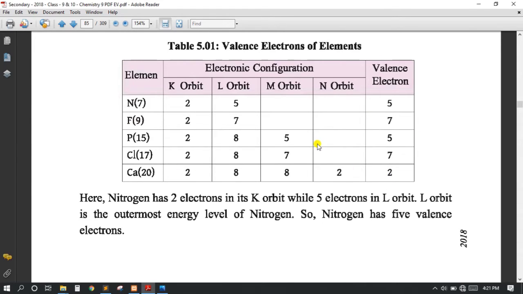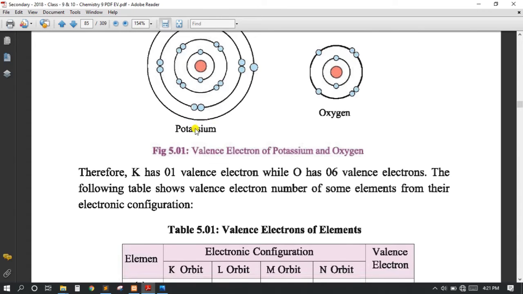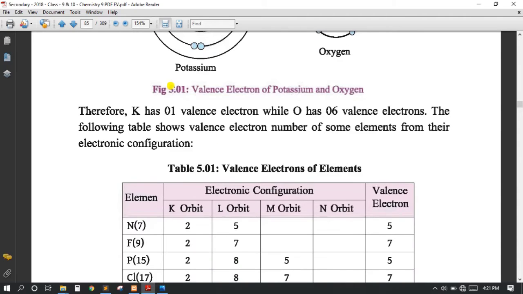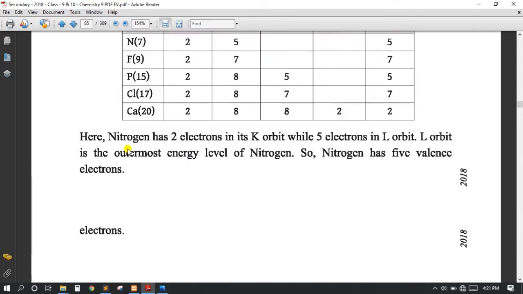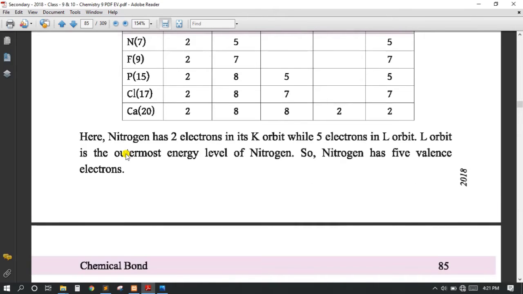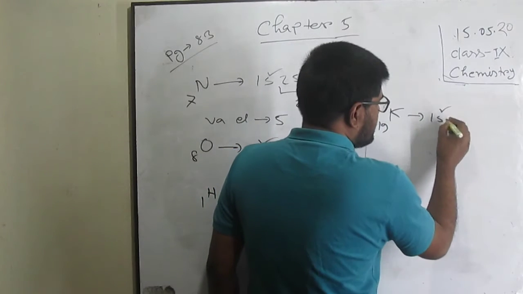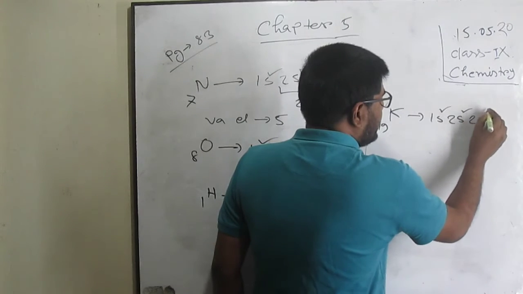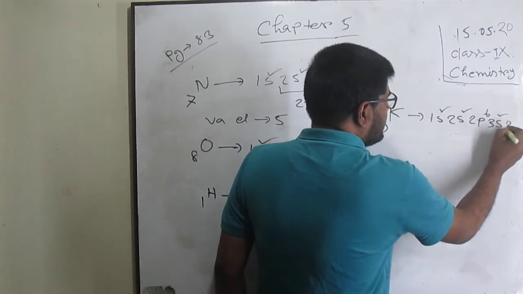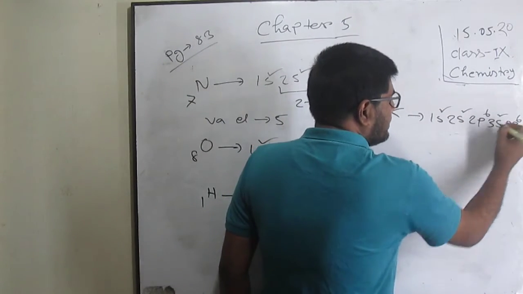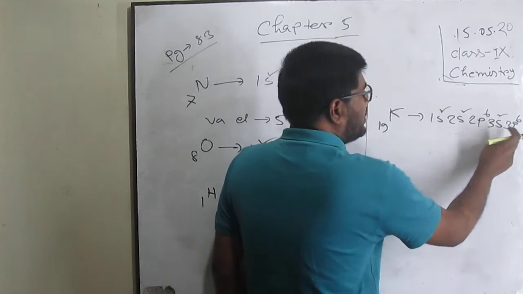Now I explain about potassium, why its valence electron is 1. So go to my whiteboard. In case of potassium, its atomic number is 19. So the electronic configuration is 1s2, 2s2, 2p6, 3s2, 3p6, 4s1. Counting: 2, 4, 10, 12, 18.